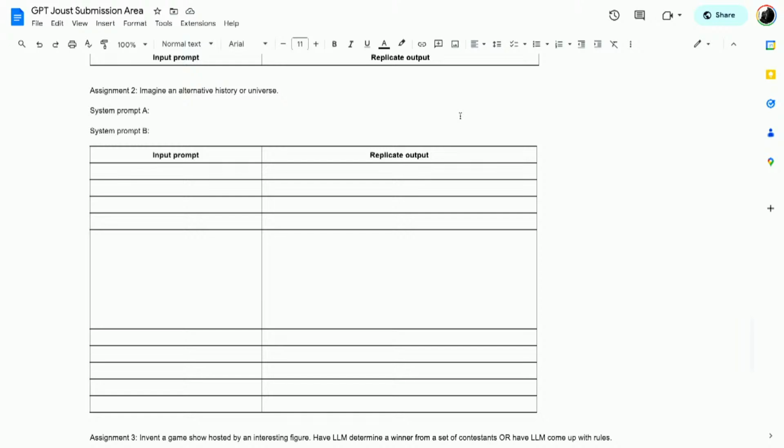So we're not giving it a specific scenario, like we won the Civil War or something. We're not giving it a specific scenario. This is more personality. This is not imagining the universe yet, but just who is responding to the question, who is creating this reality.